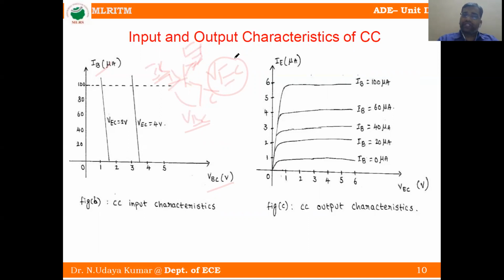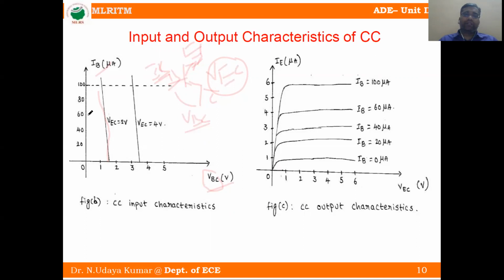Then we increase or vary VBC, and we get a rapid change in IB. That means IB is independent of VBC; without VBC it is increasing rapidly.